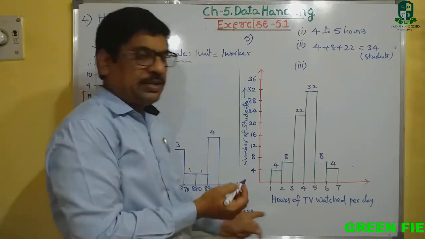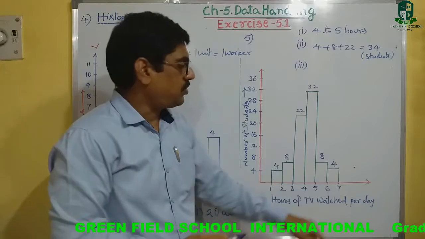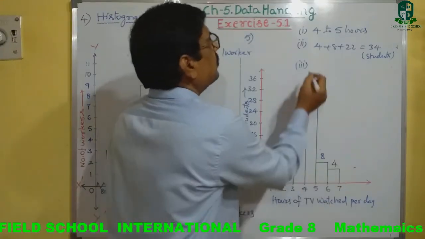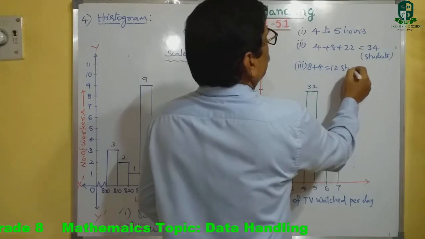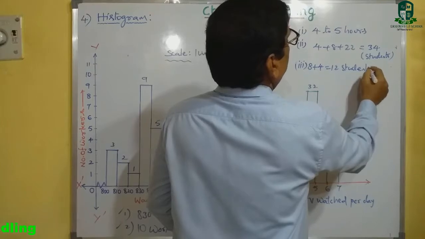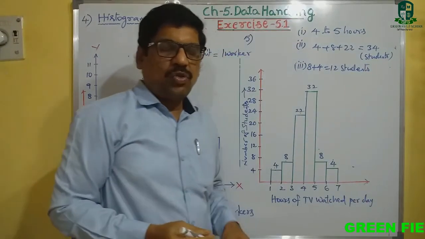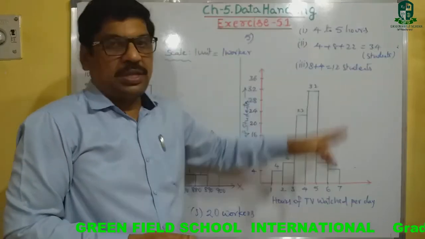More than 5 hours means it may be 5 to 6 hours or 6 to 7 hours. So we have to add this and this. So answer is 8 plus 4 is equal to 12 students. So here by looking at this picture, we could answer all the 3 questions.